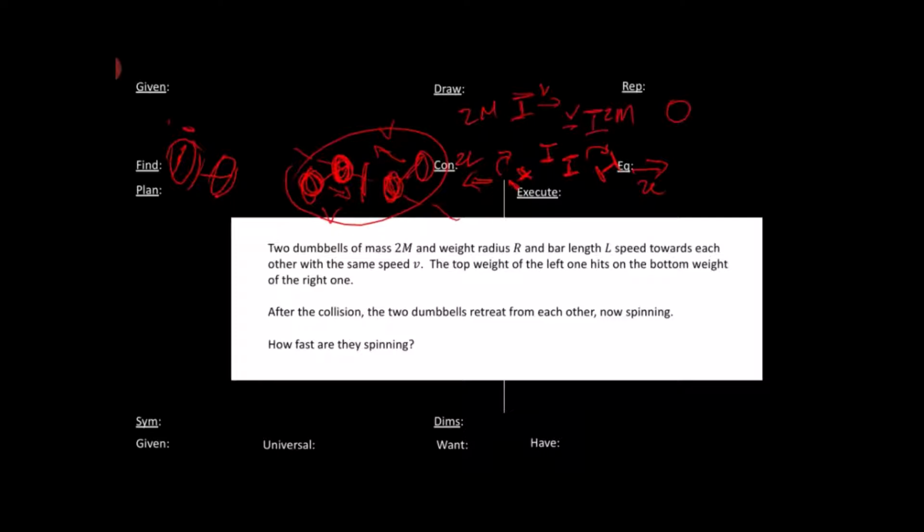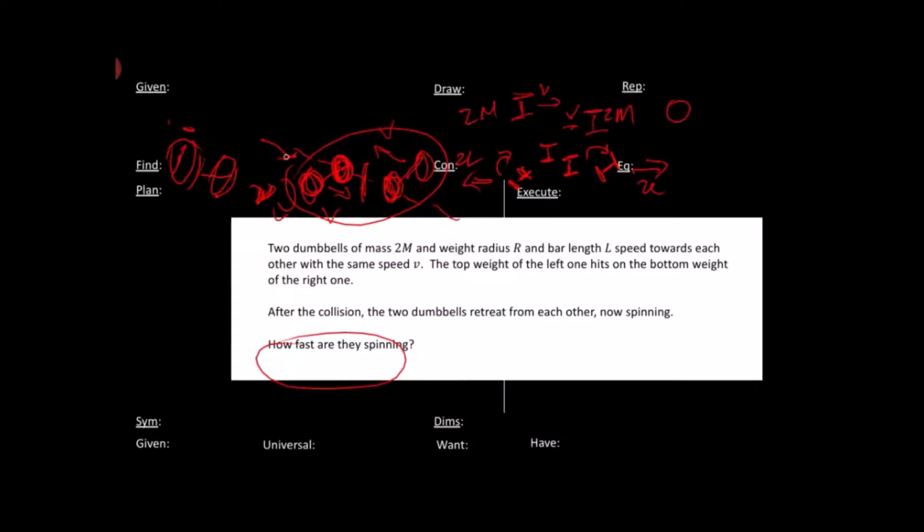Also, we have two angular momenta. As they're coming in, we've got two different kinds of angular momentum. We've got the angular momentum from these things rolling, and I'll call this nu for its angular speed. I'll be using omega for something else, for what we want to find, which is going to be another angular thing.